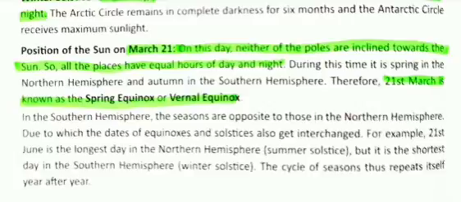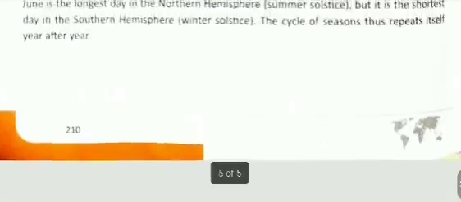But it is the shortest day in the southern hemisphere, winter solstice. The circle of season thus repeats itself year after year. So we come to an end of this chapter, children.